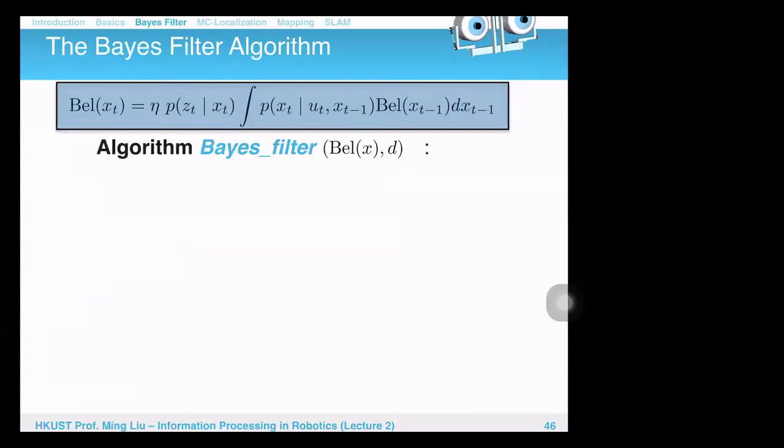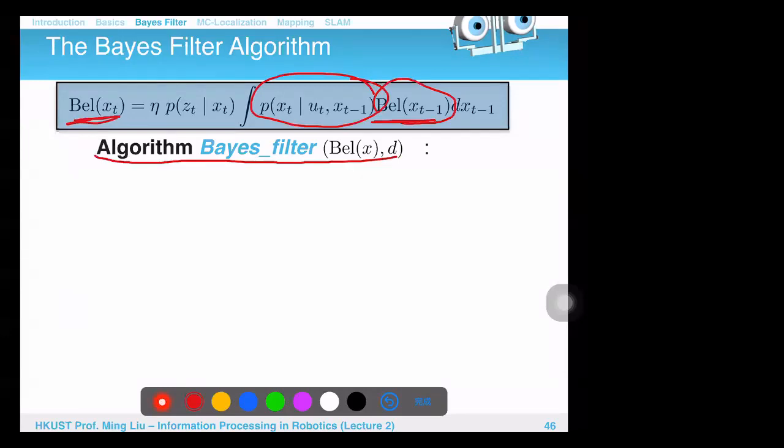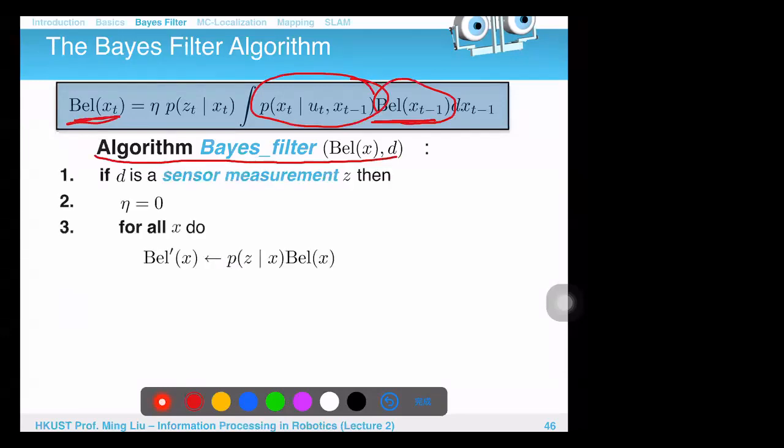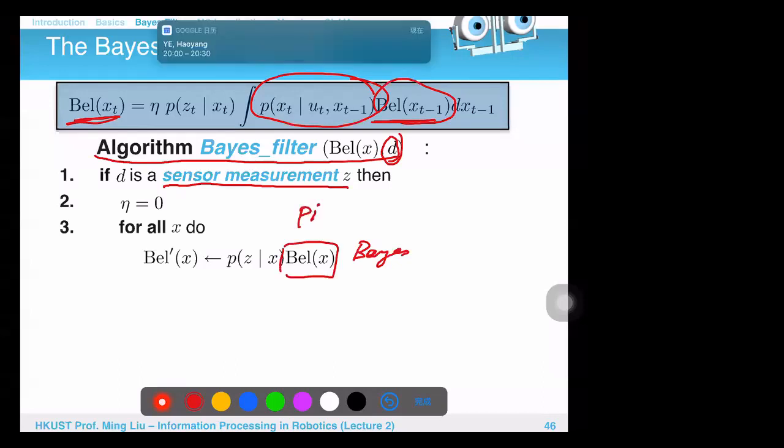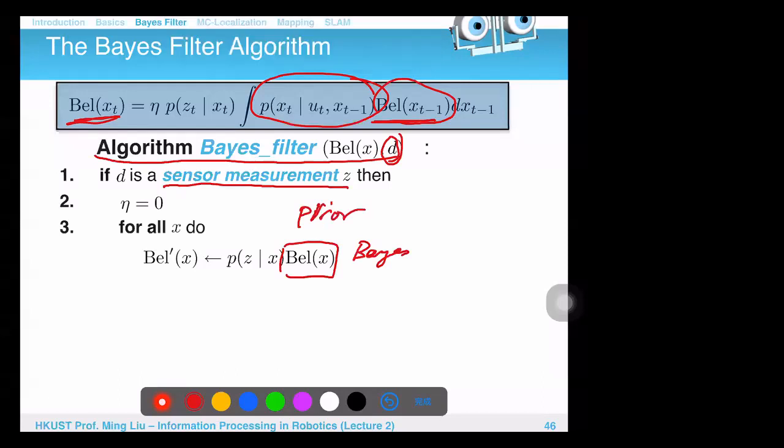So this general algorithm, how can we use the Bayes filter to get the belief? We can get the belief of x by d. What is d? If d is a sensor measurement z, then you do a Bayes equation. The previous belief is the prior, multiplied by the likelihood.